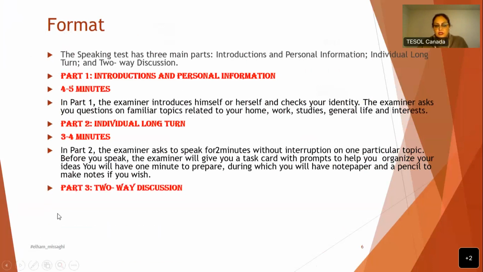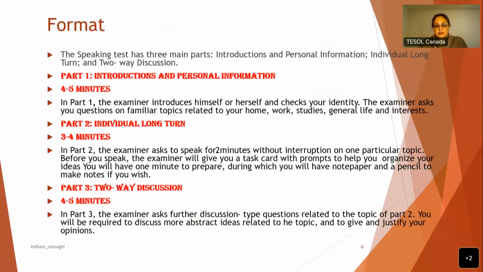In part 3, which is a two-way discussion of 4 to 5 minutes, the examiner asks further questions, mostly related to the task card in part 2. These are structured questions like why do you think, or giving a reason, or comparing.